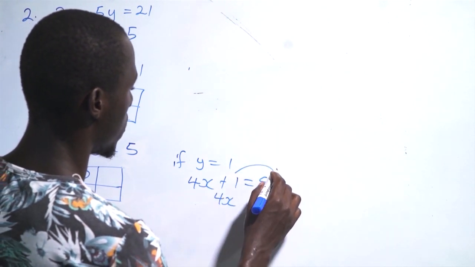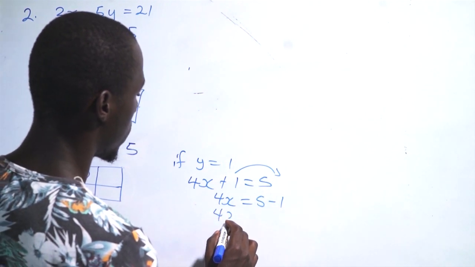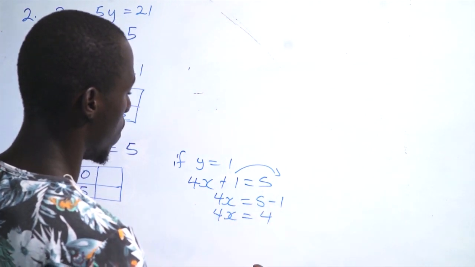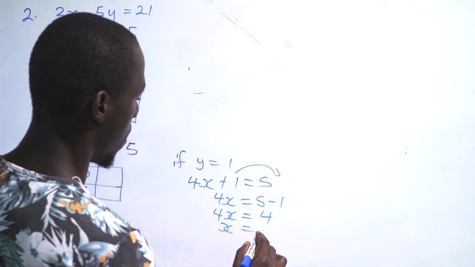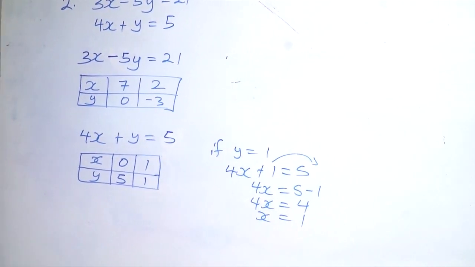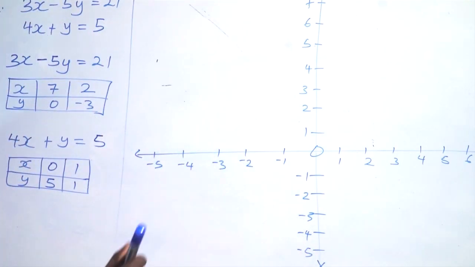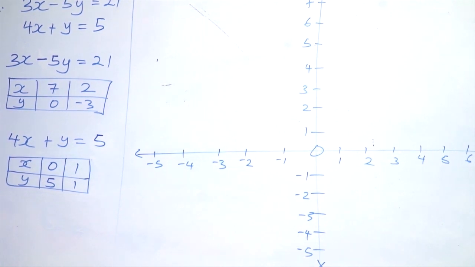Taking the 1 to the other side, it becomes a negative. 4x is going to be equal to 4. Dividing both sides by 4, we shall get x as 1. So I have the point 1, 1. Even here, you can use 2 centimeters to represent 1 unit.